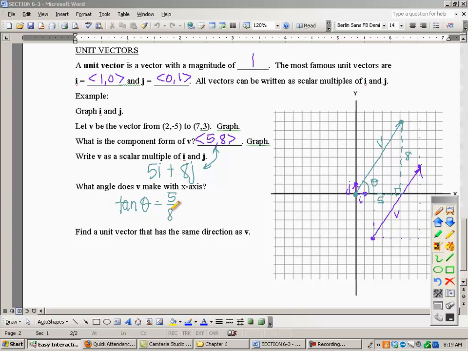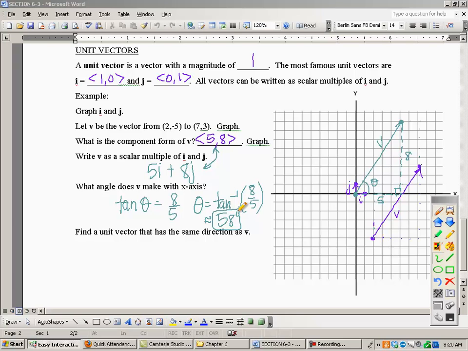If the tangent is 8 over 5, how do you find theta? Well, theta is the inverse tangent of 8 over 5. Therefore, theta is approximately, to the nearest degree, 58 degrees. So the angle that it makes with the x-axis is about 58 degrees.